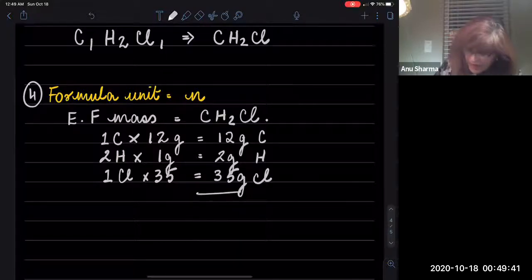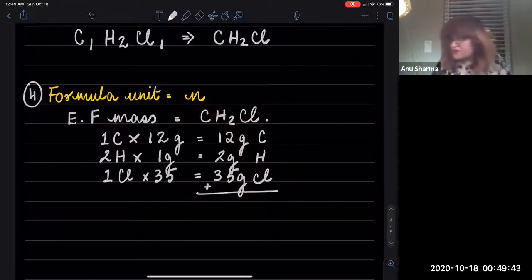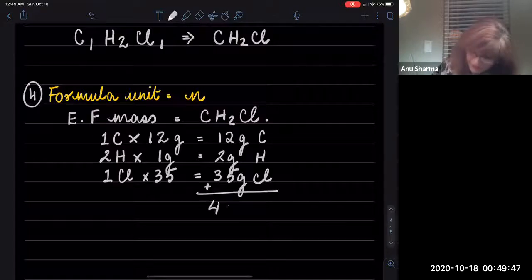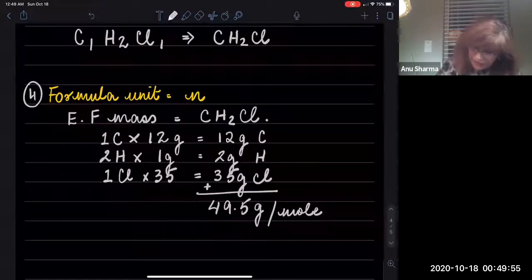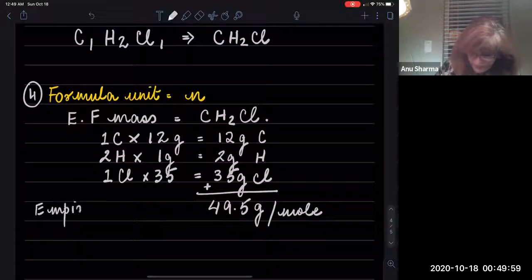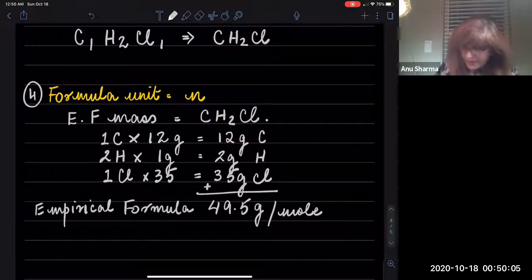When you add all of this together, this gives you 49.5 grams per mole. This is the empirical formula mass.